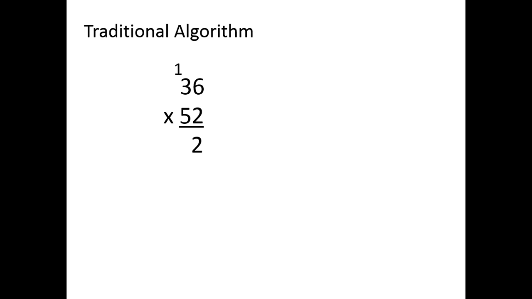The 10 we are carrying so that we can combine it with other groups of 10. And then when we say 2 times 3 is 6, we're really saying 2 times 30 is 60. That's 6 tens plus 1. The 1 ten we carried is 7 tens. 7 tens is the 7 in 72.